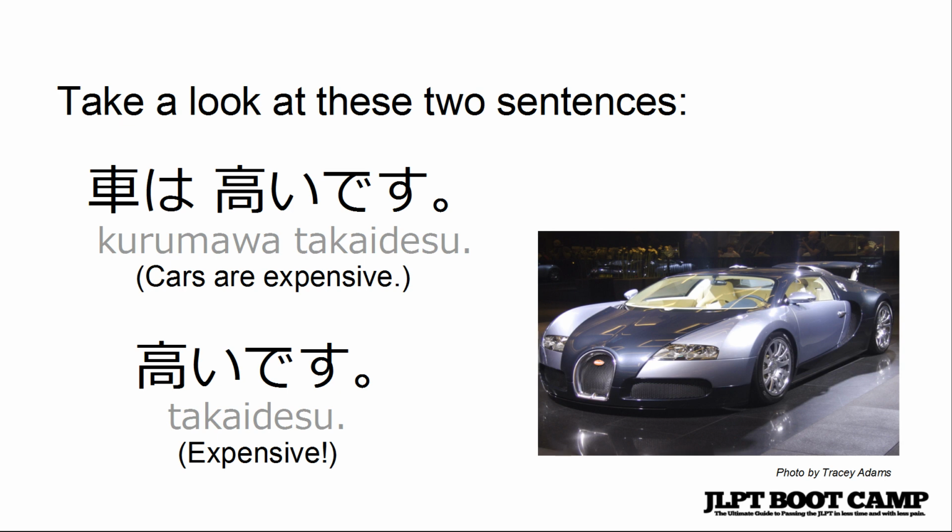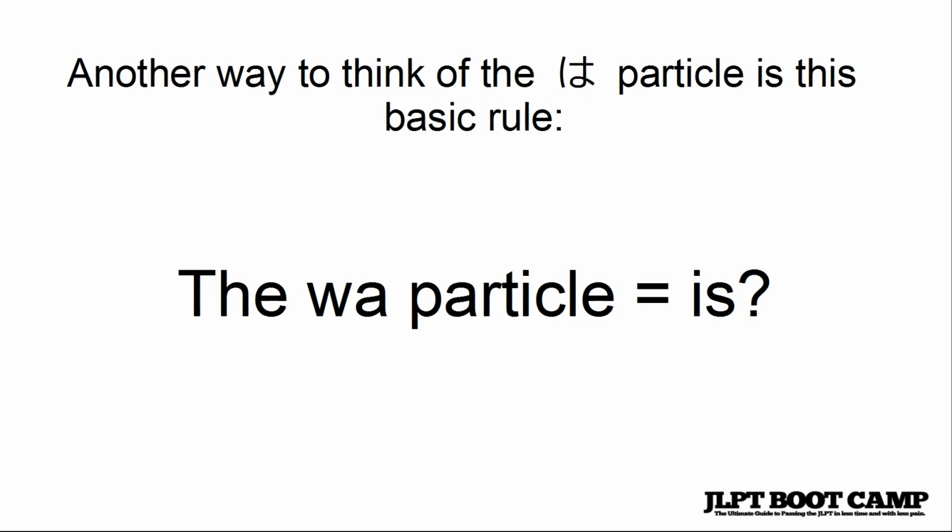It's if you want to be clear specifically. If the topic is jumping around and maybe it's about bicycles or trucks, and vehicles in general, you would want to use wa to mark that as I want to talk about this.